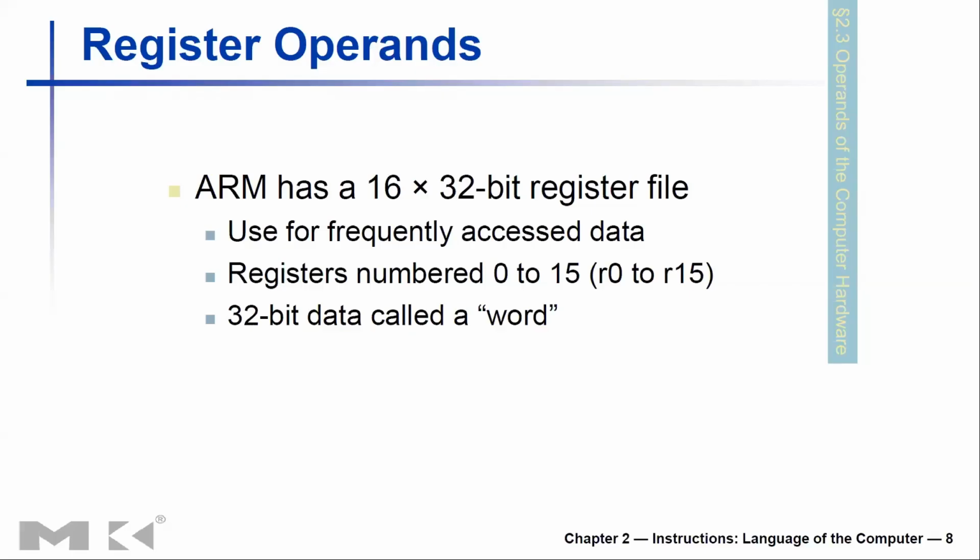If you consider a hardware register, it can store a single word. That is because a word is 32-bit data, like 32 ones and zeros. So if you group 32 ones and zeros, we call it a word, and a word can be stored in a register in an ARM processor.